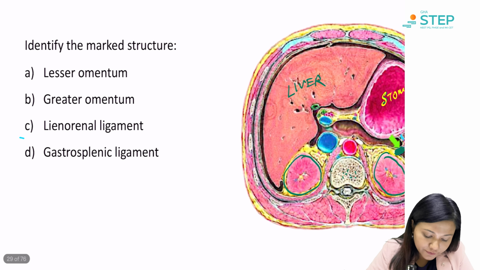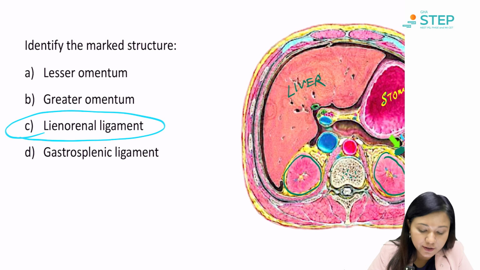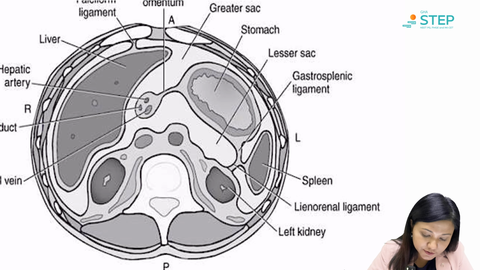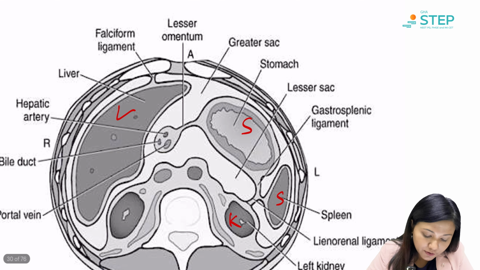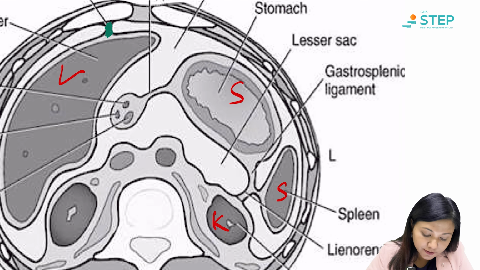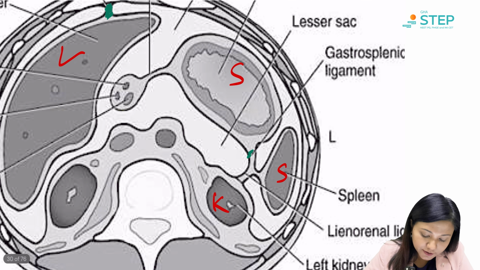So the answer here will be the lienorenal ligament. As you can see in this image again, the liver, the stomach, the spleen, the kidney. You have one more ligament here, that is the falciform ligament. They might ask about the falciform ligament, the gastrosplenic ligament, and the lienorenal ligament.